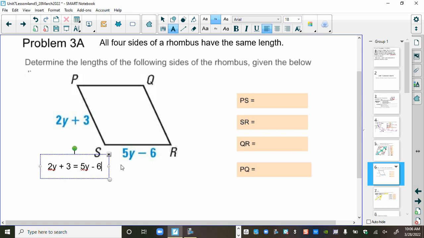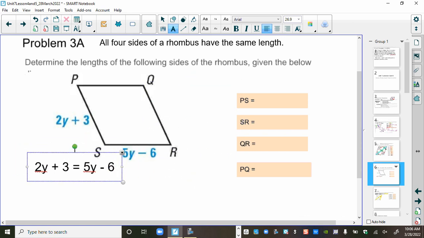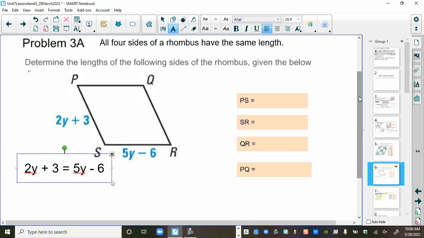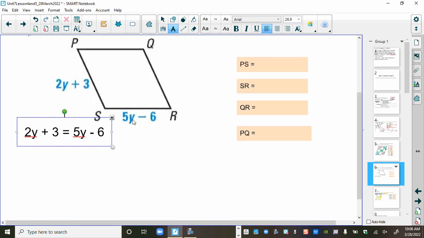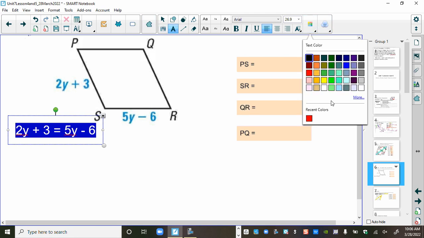Now we're at a point where we can solve for y. Can we solve for y? All right, I want y'all to do that real quick. Then I'm just going to ask for an answer for y.